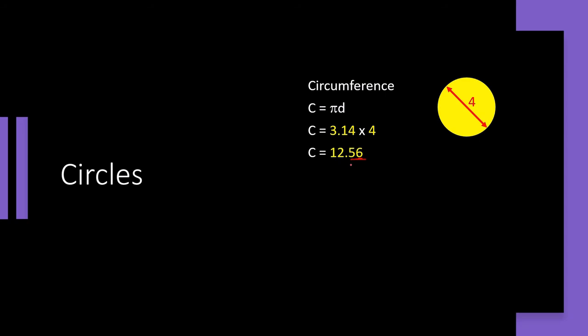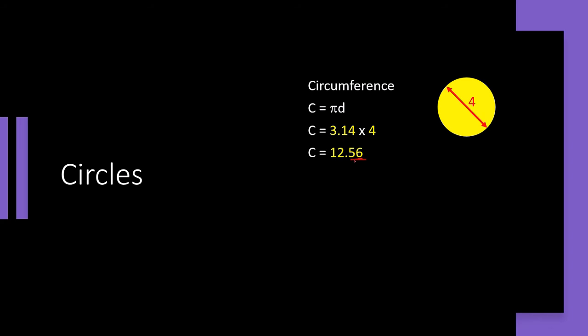Remember that your GED exam is going to be a multiple choice exam, so you are just going to pick the result that is closer to the result that you have. Whether you use the pi key on your calculator or you just multiply by 3.14, either way it is correct.